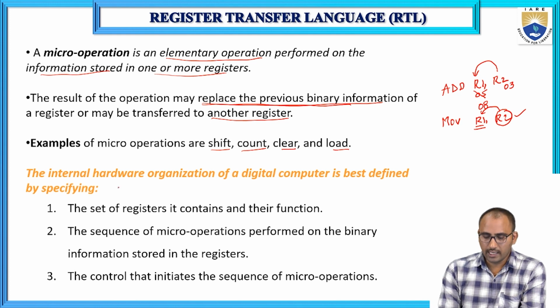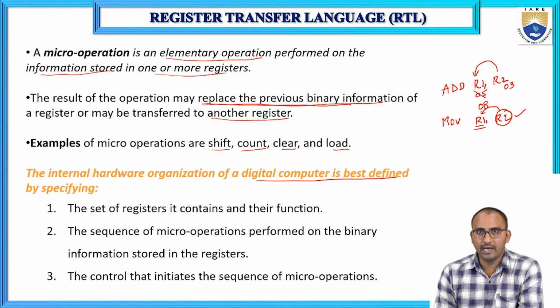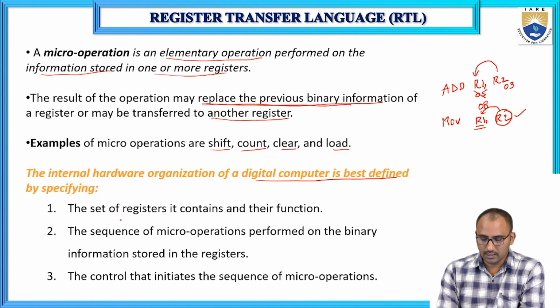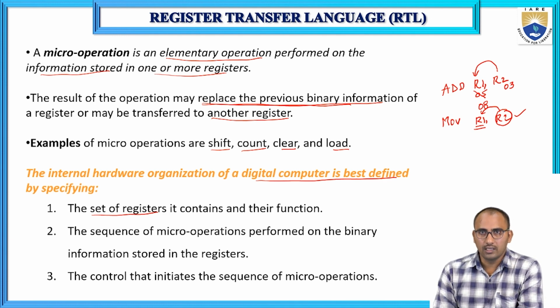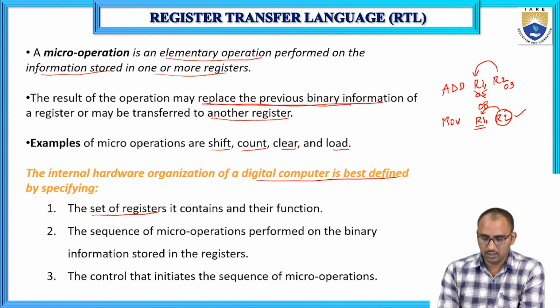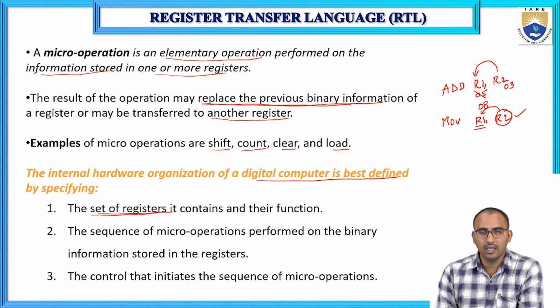The internal hardware organization of a digital computer is best defined by specifying the set of registers it contains and their function. That is, how many registers it contains and how they are functioning. That is the first one.